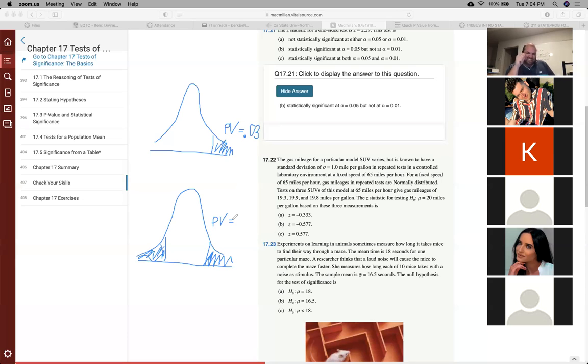It's a probability, the likelihood of getting what you got or something even more extreme. Here, more extreme is here. Here, more extreme is here or here because it's two-sided. So if the probability was 0.03 to land in the shaded region here, what's the likelihood of landing in the shaded region in this case? 0.06, it just doubles. The only difference between a one-sided test and a two-sided test is that the p-value for the two-sided test is twice the p-value for the one-sided test.